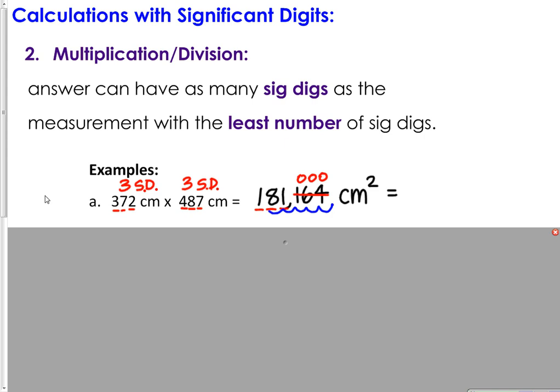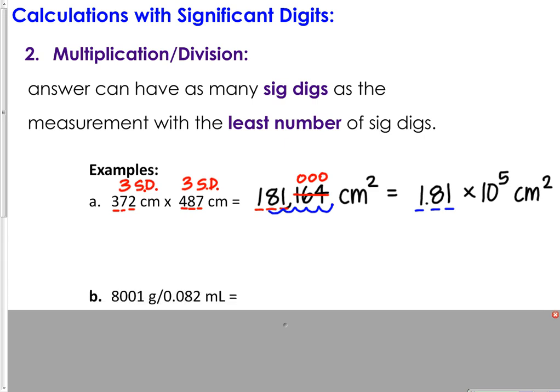So we would want to write our answer as 1.81 times 10 to the 5th, because that's how many places we had to move our decimal, and then centimeters squared. The reason we can only keep 1.81 is because that number now has 3 significant digits.